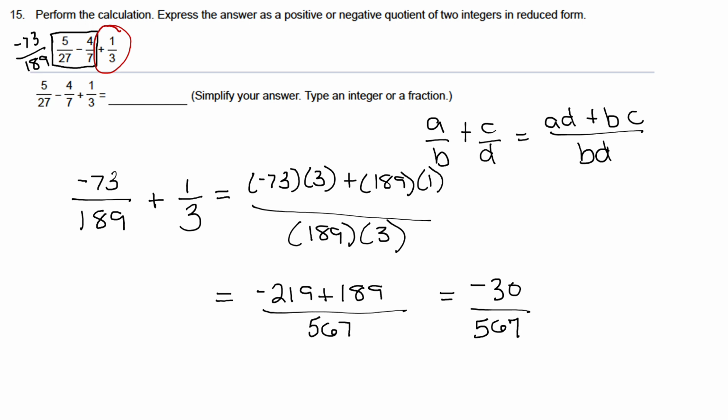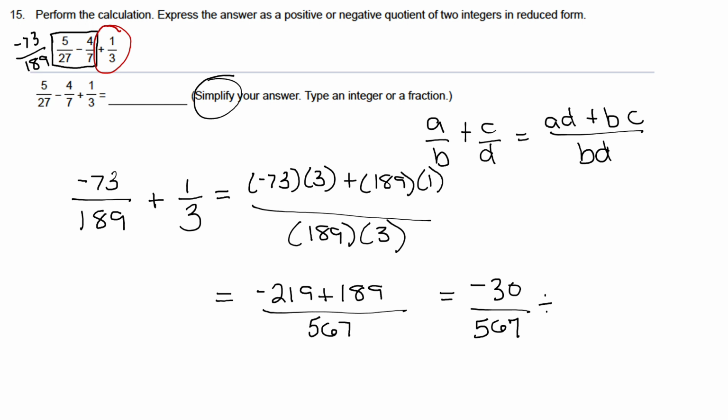Now I want to find two numbers that evenly divide into 30 and 567 because I want to simplify my answer. So you can go on your calculator and see what numbers go into both 30 and 567. I know that 3 goes into 30 evenly. So on your calculator, you can see if 3 goes into 567 evenly.